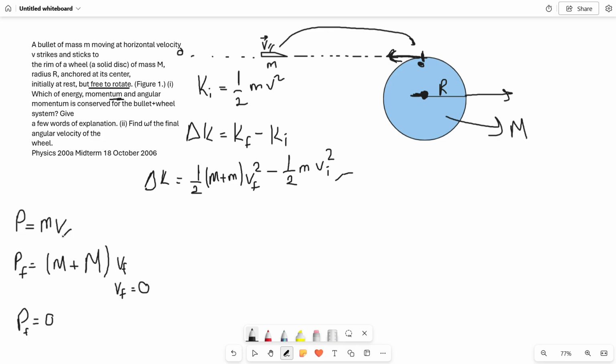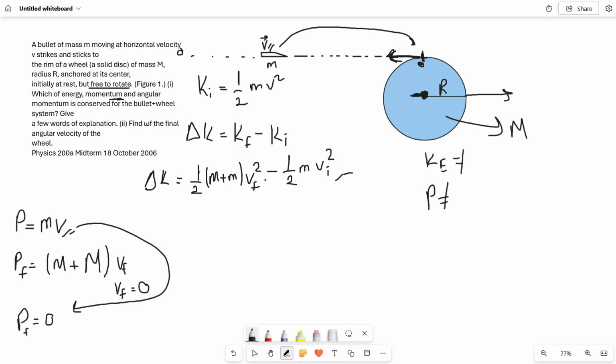We can see that there is momentum, but for a while there is no momentum. Then the momentum is not conserved. Let's write there: kinetic energy is not conserved. Momentum is not conserved. Let's look at the angular momentum.